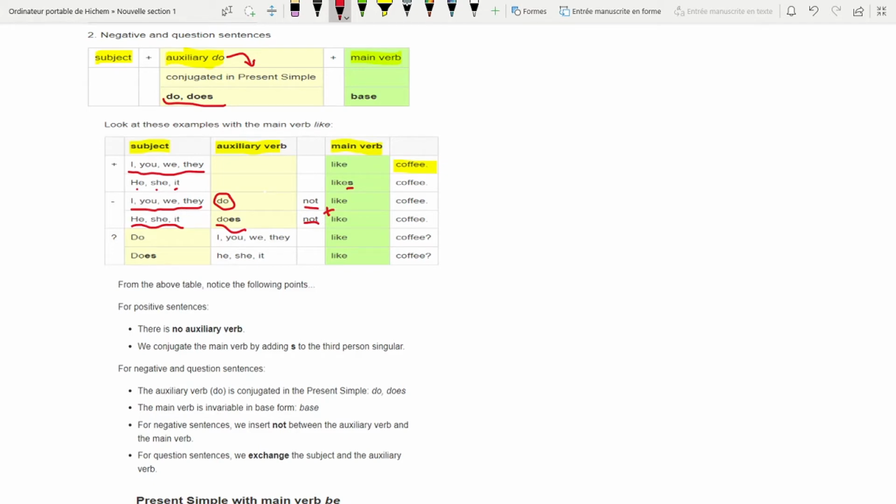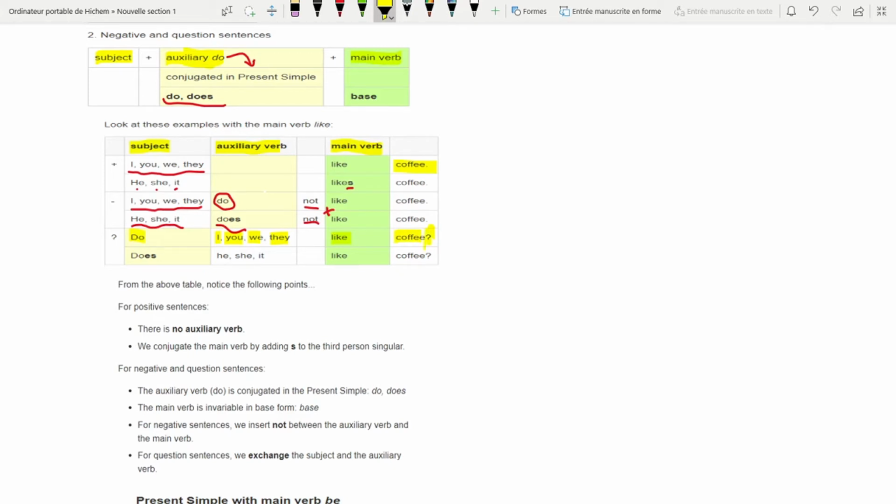Then we need to know how we form questions using the present simple. Here it's the opposite. We will reverse the subject and the auxiliary. So, do I like coffee? We start with the auxiliary, then the subject, plus the verb in its base form, plus the rest of the sentence, and do not forget the question mark.